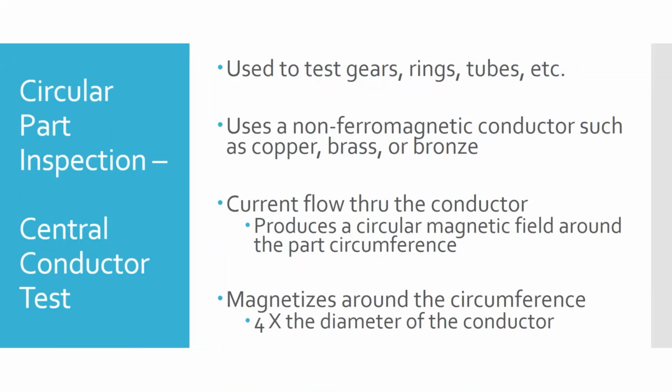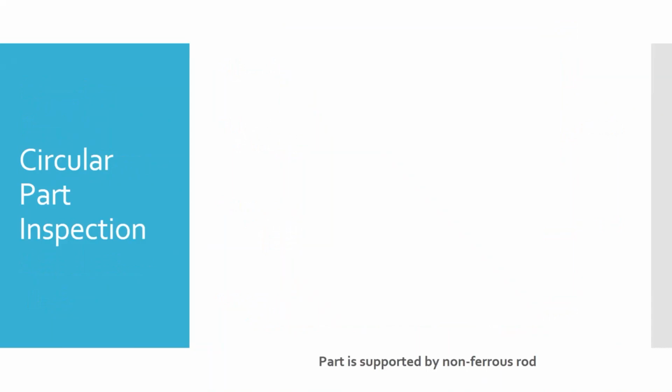And so what I mean by that is if we have a part, and I'll try to draw it on here. Let me go back to this blank screen. So if we have a part, and here is our roughly circular part.